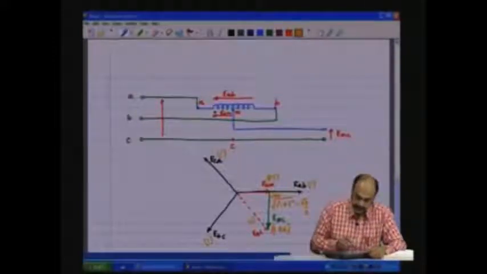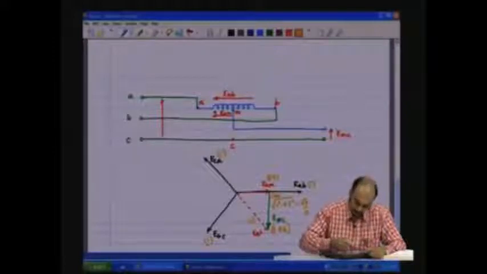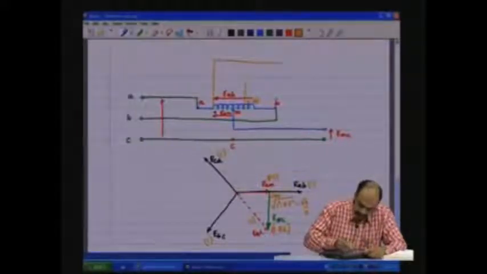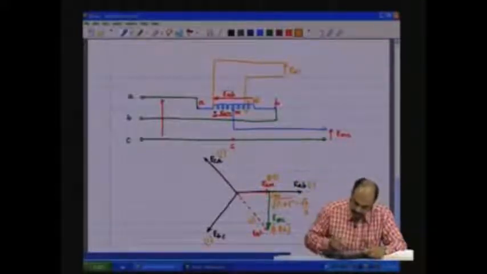So, let us take a tap from here, at 0.86 with respect to the winding here, and let us say this is the tap point, and this is EAT.